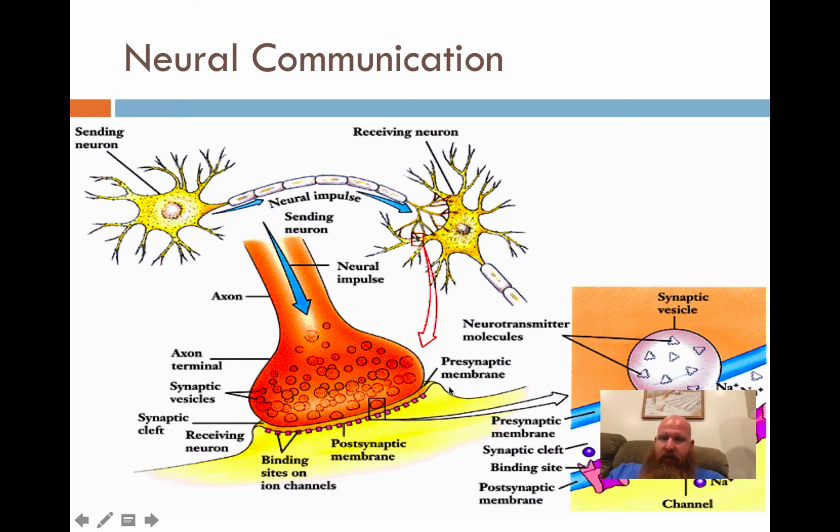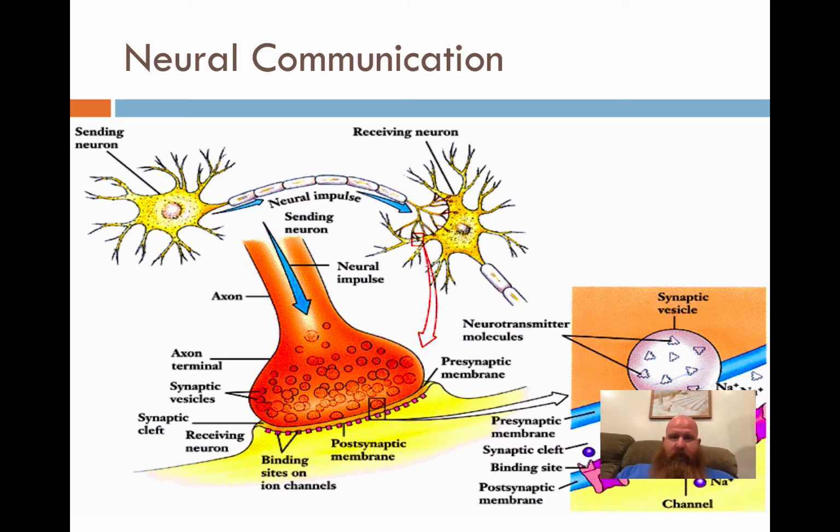They're released into the synaptic gap, and the postsynaptic membrane is where the receivers are. If this neurotransmitter molecule is a triangle or a circle, each one of these is different. So this is the shape of a triangle. Here's the shape of a triangle. Boom, this goes in here. So this has received the signal, and then it is sent on to the next one, like a lock and a key.